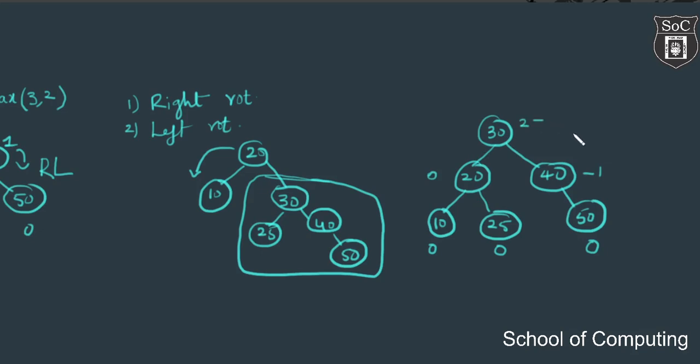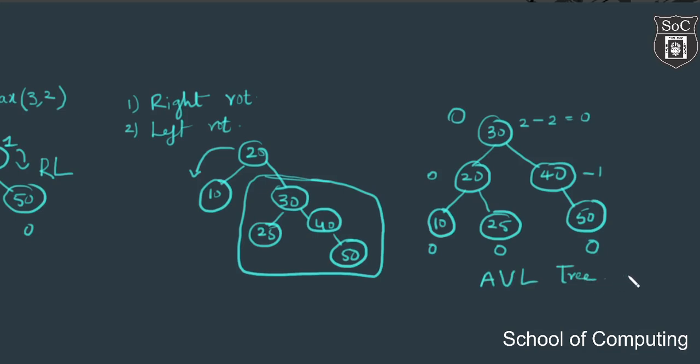So 2 minus the right side, the number of edges on the right side of 30 is 2. So 2 minus 2, it is 0. If you observe, at every node the height is either 0 or minus 1, and finally the tree is constructed as a perfectly height balanced AVL tree.